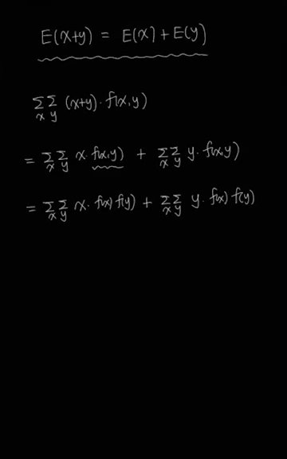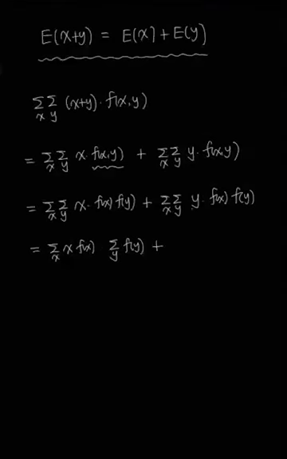And in this summation over y, we know that these two, which are not y, are constant. So we can take these two out of the summation over y. So we will write this again, with the summation over y of the probability of y.